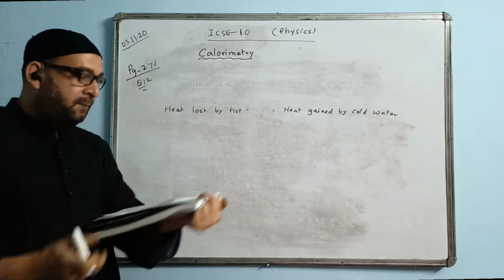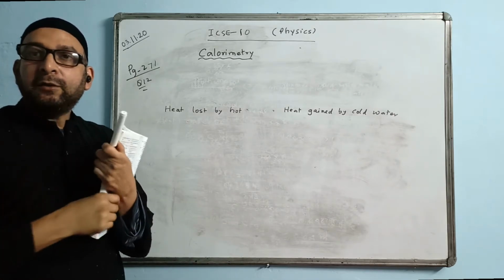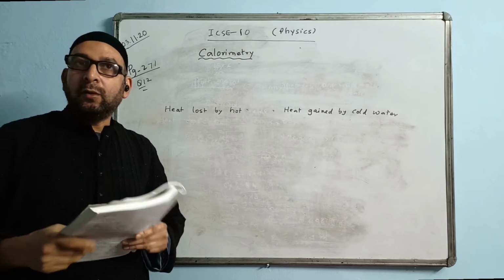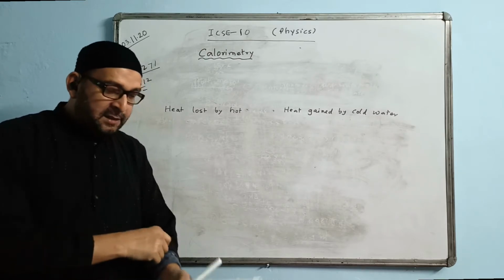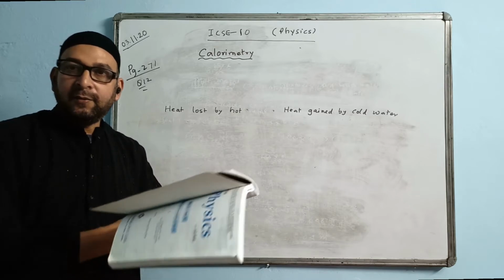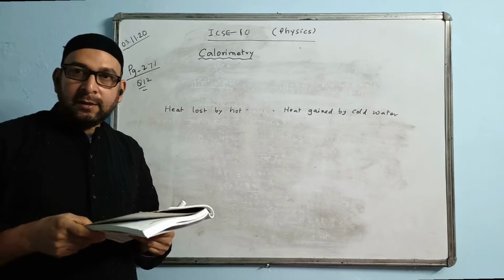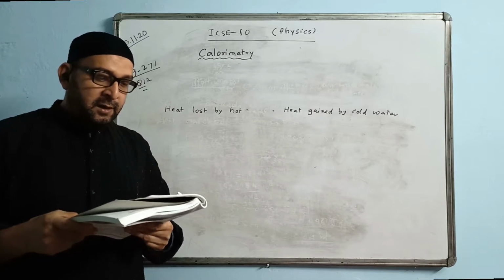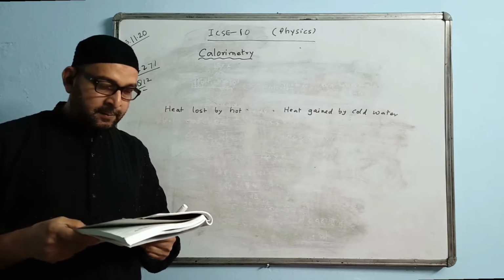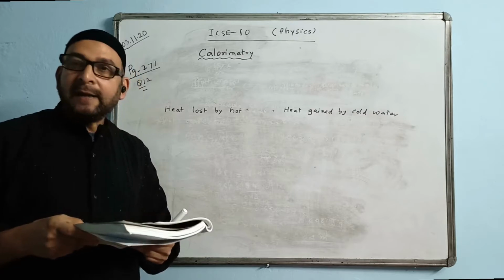The question says: the temperature of 600 gram of cold water rises by 15 degrees Celsius when 300 gram of hot water at 50 degrees Celsius is added to it.